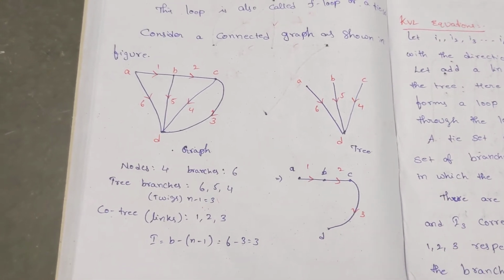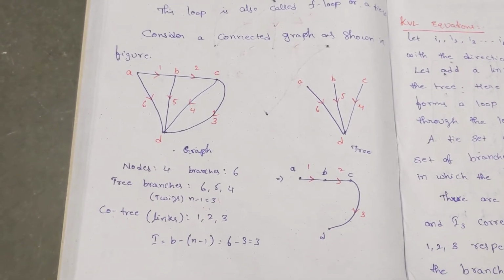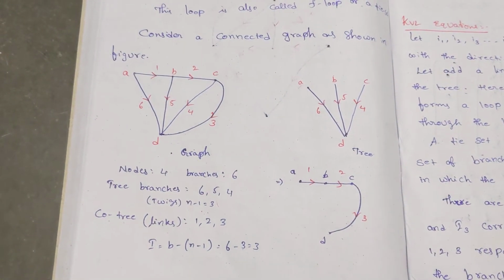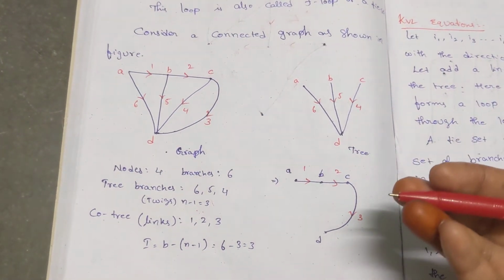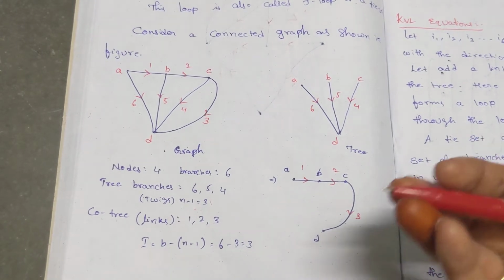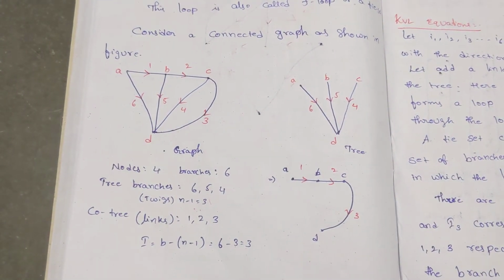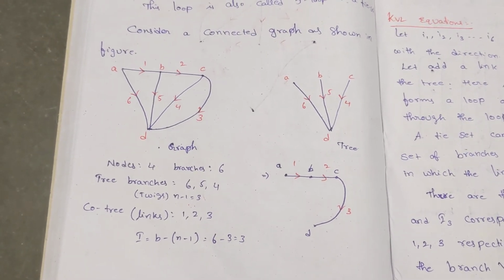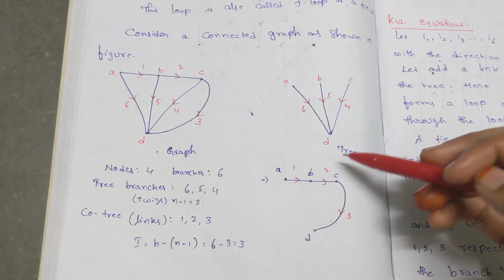For the co-tree, that means the rest of the branches, from the total of 6 branches if I subtract these 3 branches, then I get 3 branches for the co-tree. So the tree should have 3 branches and the co-tree should have the remaining 3 branches. So here I am assuming the tree.